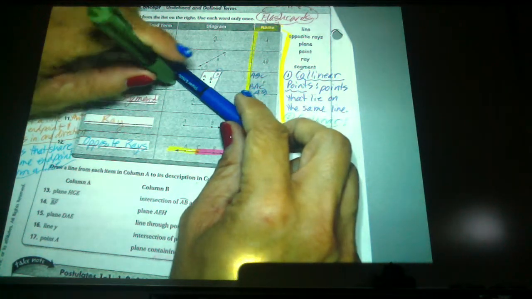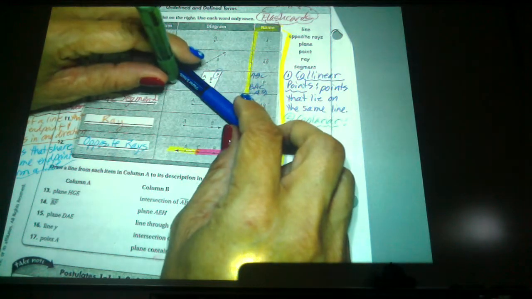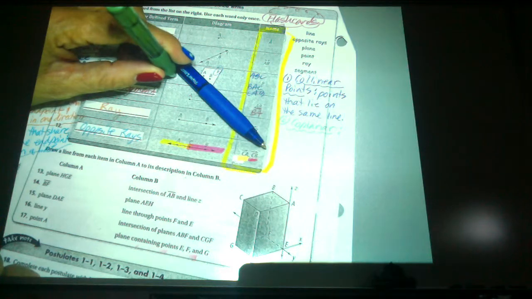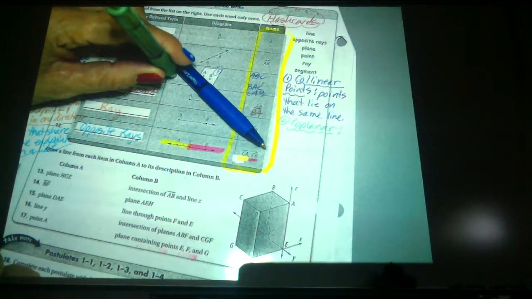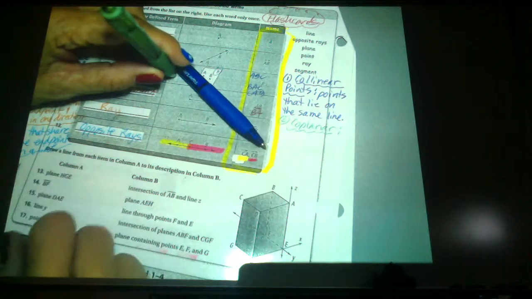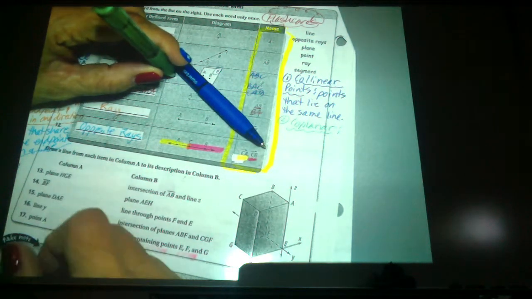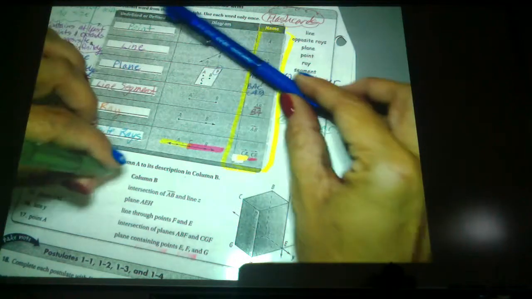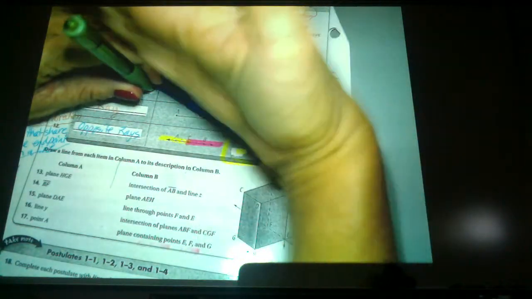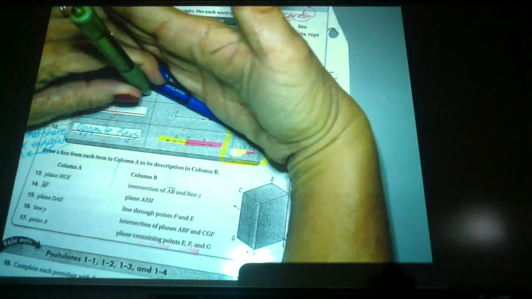technically I could make these coplanar, couldn't I? But are they coplanar to this paper? Yes or no? This paper does not contain both of them. This goes through that paper, okay, but it doesn't contain both of them. What about this? Now, these I said that they could be coplanar because I could put a paper right through these, correct?